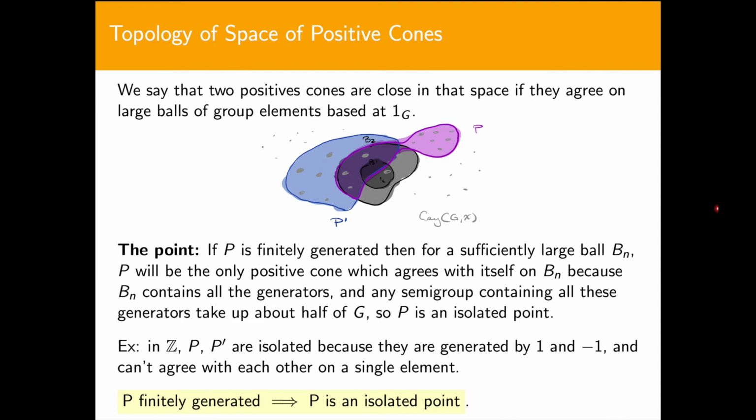The point is that if P is finitely generated, then for a sufficiently large ball Bn, so say B sub 2, P will be the only positive cone which agrees with itself in B sub 2, because B sub 2 will contain all the generators of P. And so if a ball contains all the generators of a positive cone, it will define a positive cone, and therefore that positive cone will be the only positive cone in the neighborhood defined by the ball.